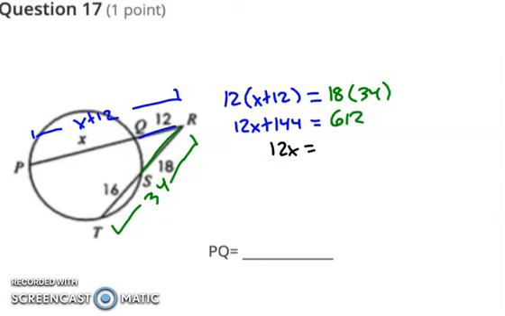Number 21, we have 2 left. Number 21, so we have to square this. It's a tangent. So we do x plus 3 squared. Might give myself a little bit more room for this one. Equal to the outside times the whole thing. Okay, so the whole thing should be 30. So we have equal to 10.8 times 30.